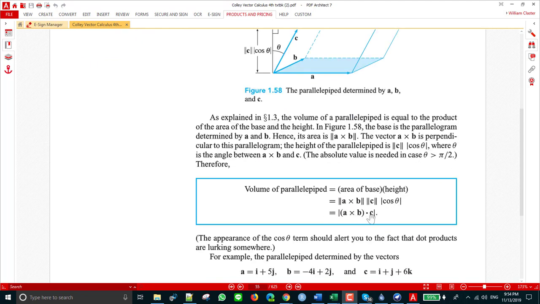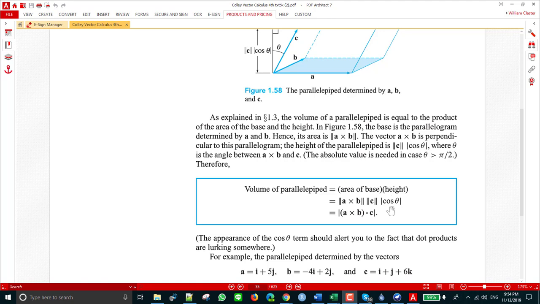Why is that? Because if we take the dot product of this times that, remember the property of dot products that involves cosine: if you take the dot product of one thing times another, it's going to be the norm of this thing times the norm of this thing times the cosine of the angle between them. The angle between them is theta.